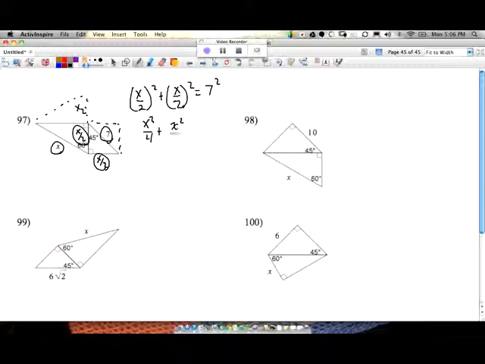This would be x squared over 4 plus x squared over 4 equals 49. That's 2x squared over 4 equals 49. I'm going to simplify 2 over 4 to just 1 over 2. Then I'll get rid of that 2 by multiplying on both sides. So x squared equals 98.